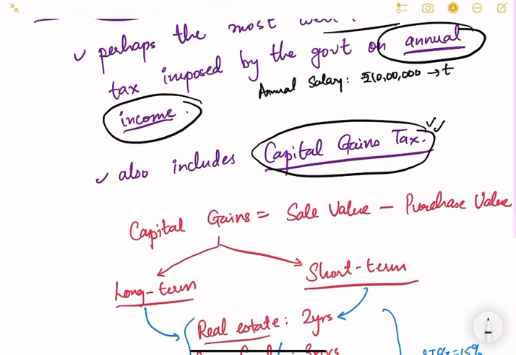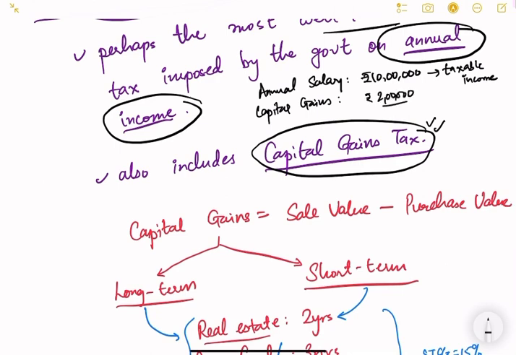This is your taxable income. For a moment, consider that this is your taxable income, with no deductions for simplicity. And you have also gained some profit from transactions of your property or the capital that you hold. Say the capital gains you get in that particular year is rupees 2 lakh.